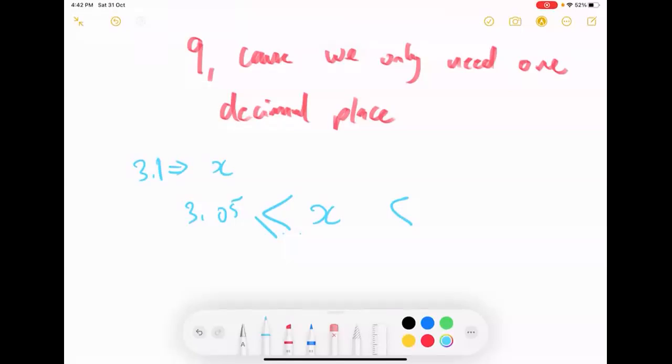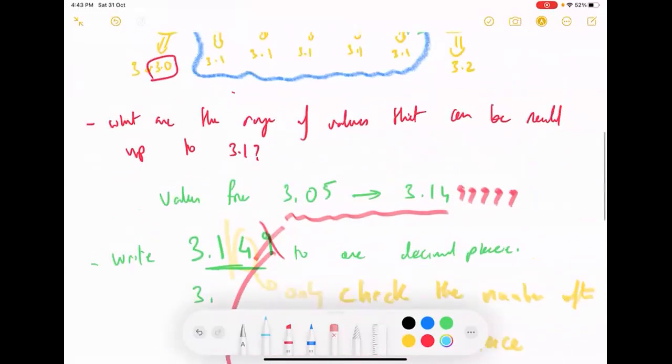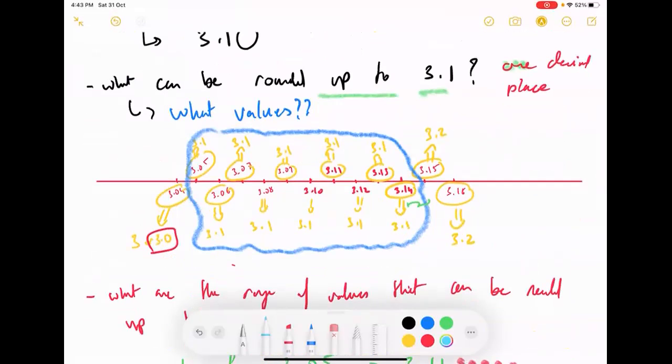In an inequality we get a range. What we did here was a range, right? 3.1 can be any number between 3.05 and 3.14. Not anything exact, but any number in this range can be rounded up to 3.1.